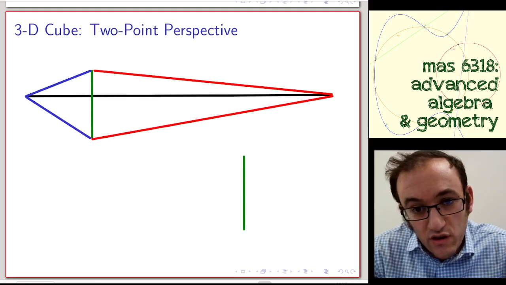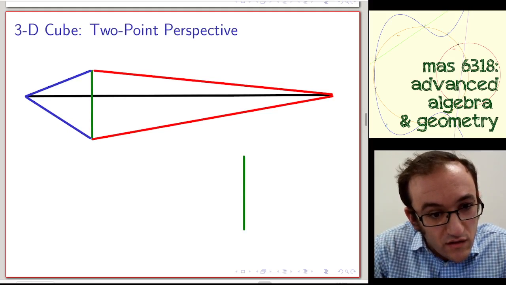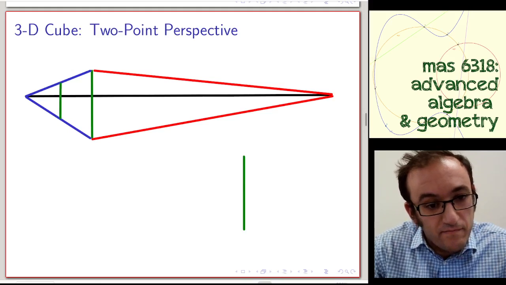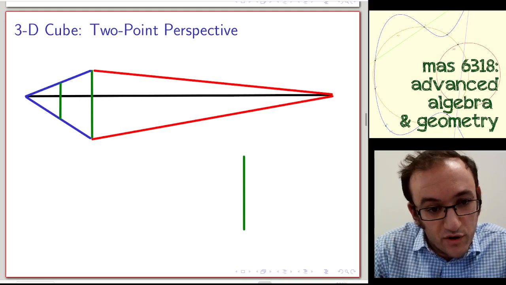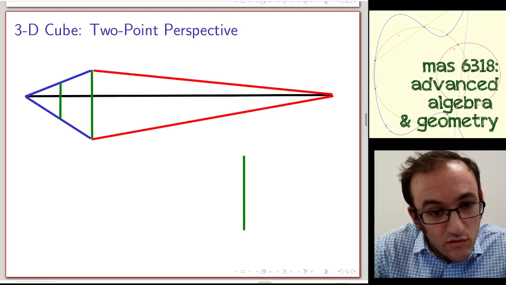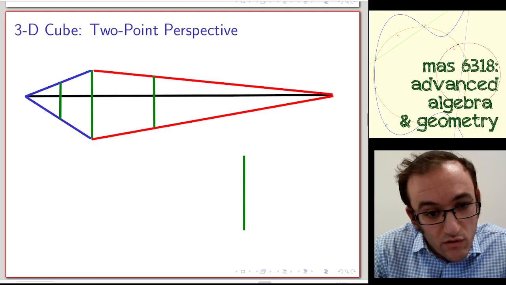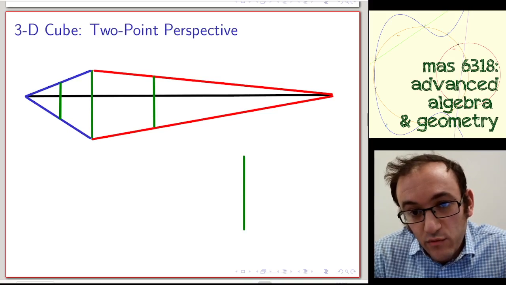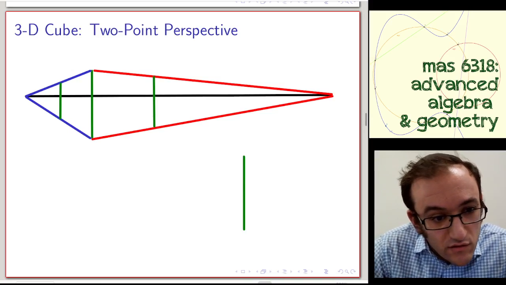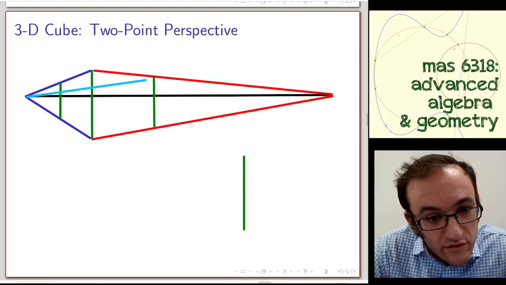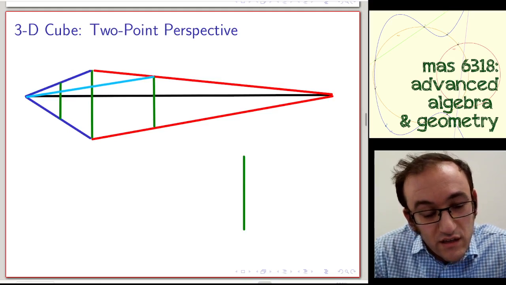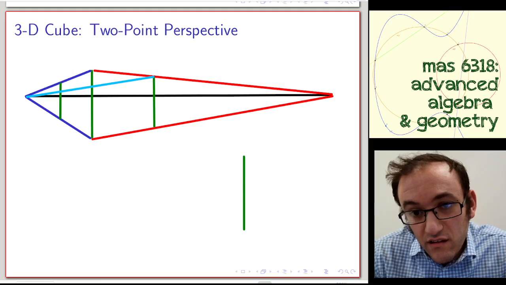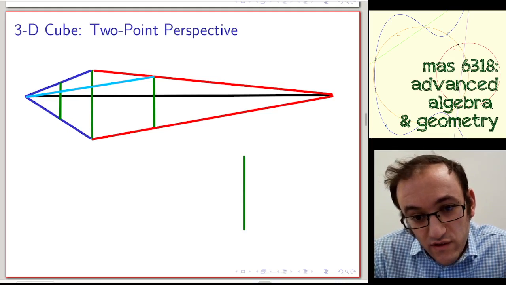Okay, and then we can draw the vertical parts of the cube like this, and then we're going to connect the other vanishing point here and this vanishing point here.